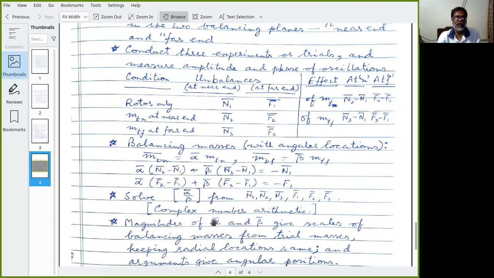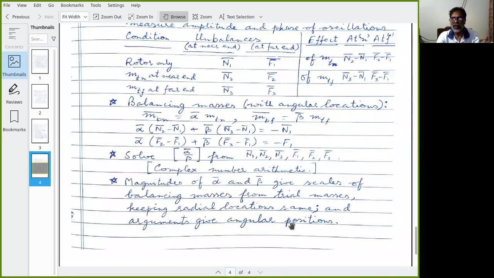So the magnitudes of these two multipliers, alpha and beta, give you the scales by which you have to multiply the corresponding trial masses, and their phases, their arguments, will give you the angular shift for placing the balancing mass that you have determined by scaling with the magnitude.